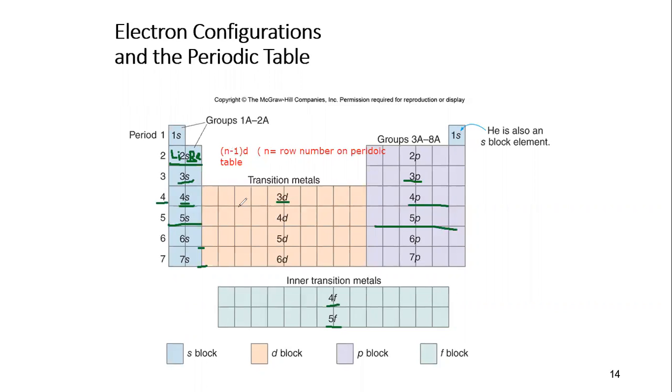If you have, for example, iron, which is right here, the last orbital you're going to fill is a 3d orbital. So if you look at the periodic table and see where your element falls in relation to this, that'll tell you the last orbital filled for that particular element.